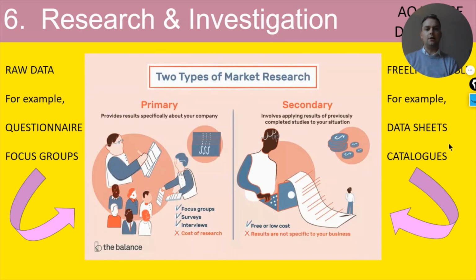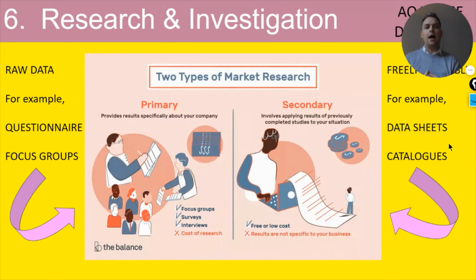On the other hand, you've got secondary data. Now, secondary data is freely available data, for example, data sheets and catalogues, but this is accessed secondary. So you may visit council websites to gain some statistics, or the Office of National Statistics. You may visit DirectGov to find out some information about a particular group of people.